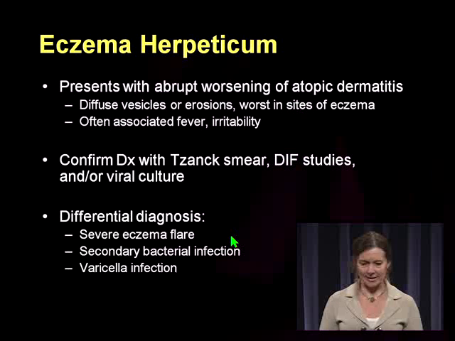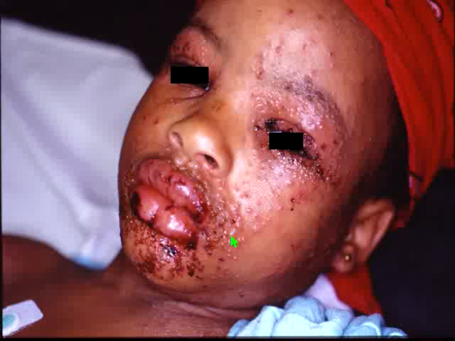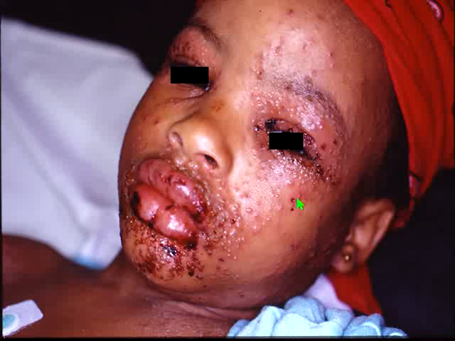So these are a few more examples. Again, very extensive eczema herpeticum, we can see many vesicles and erosions and crusting. We can see this involves the periocular area, and so when we see it around the eye, most people consider that to be an ophthalmologic emergency because we worry about the risk of herpetic keratitis.